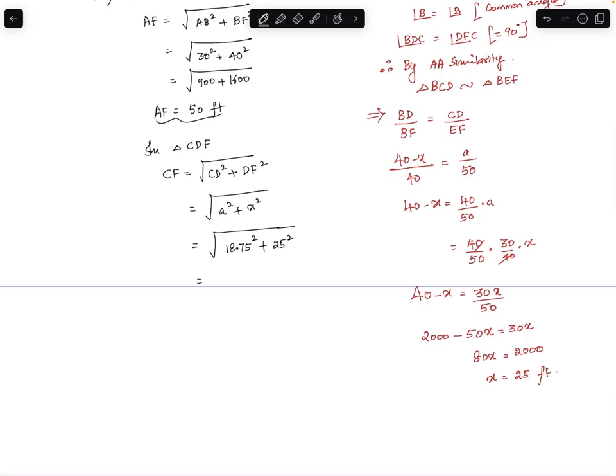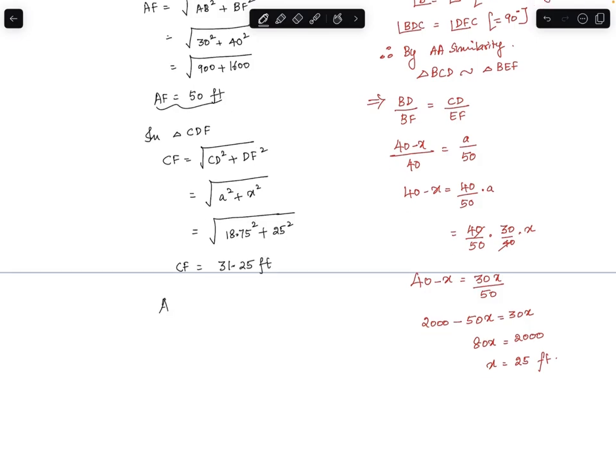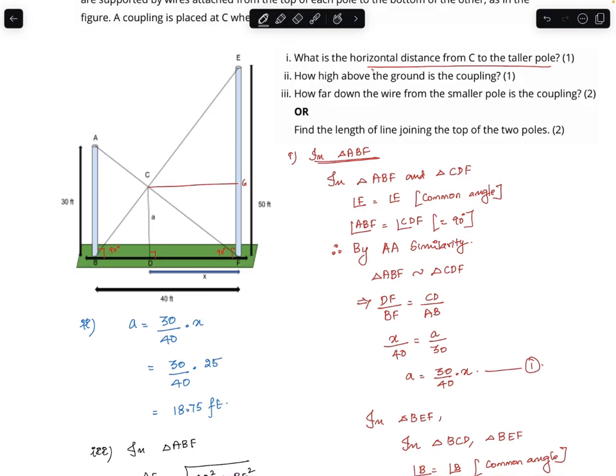On further calculation, we get 31.25. That is, CF is 31.25 feet. AC is AF minus CF, which is 50 minus 31.25, which gives us 18.75 feet.